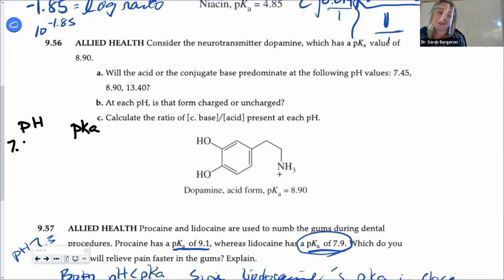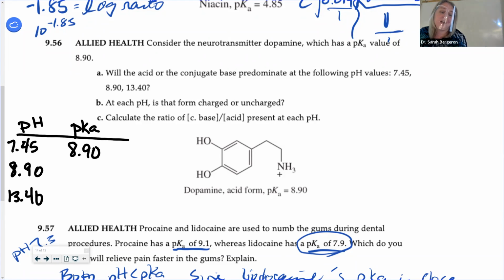First I have 7.45, then I go up to 8.9, and then I go up to 13.40. What's my pKa? 8.9. Does pKa ever change? No, it's based on a constant. So it's always going to be 8.9. Does not matter what pH your solution is, your pKa will never, ever, ever change.